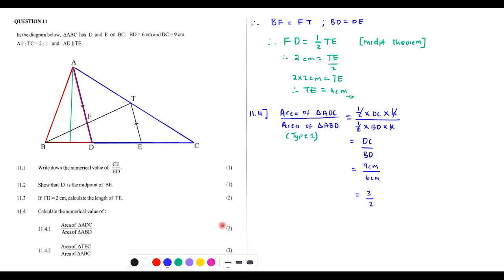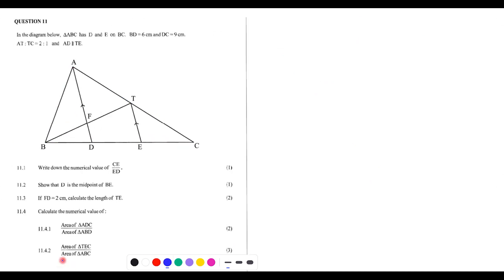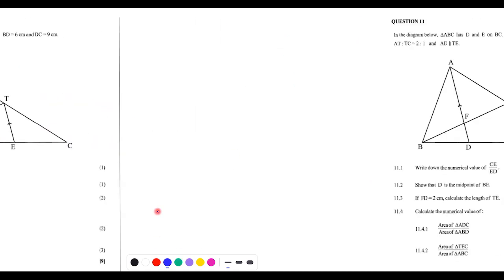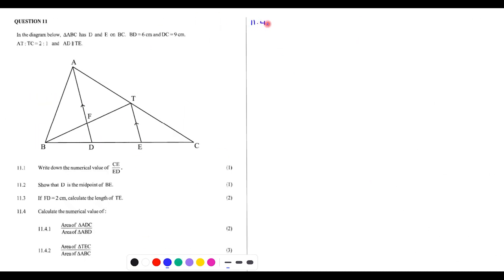Now let's look at the last question, which is 11.4.2. This was 11.4.1 under 11.4, and now we're looking at 11.4.2. It says area of triangle TEC over area of triangle ABC.